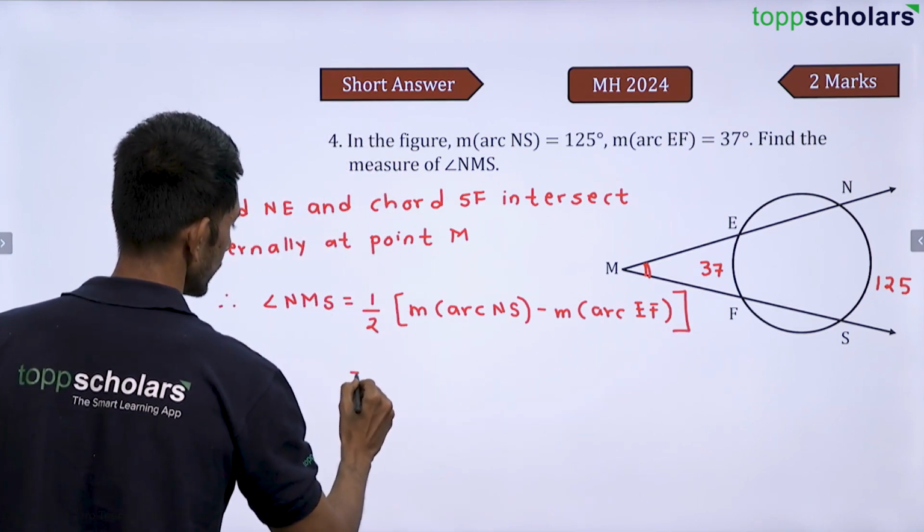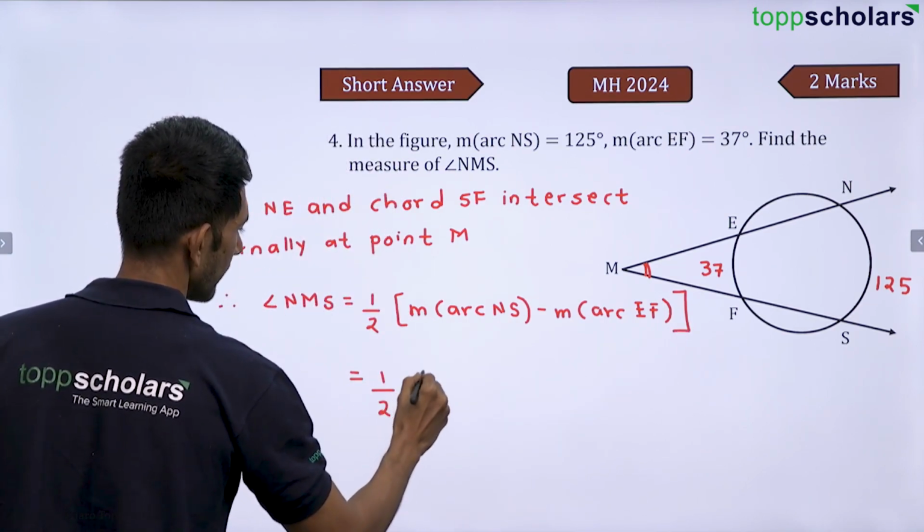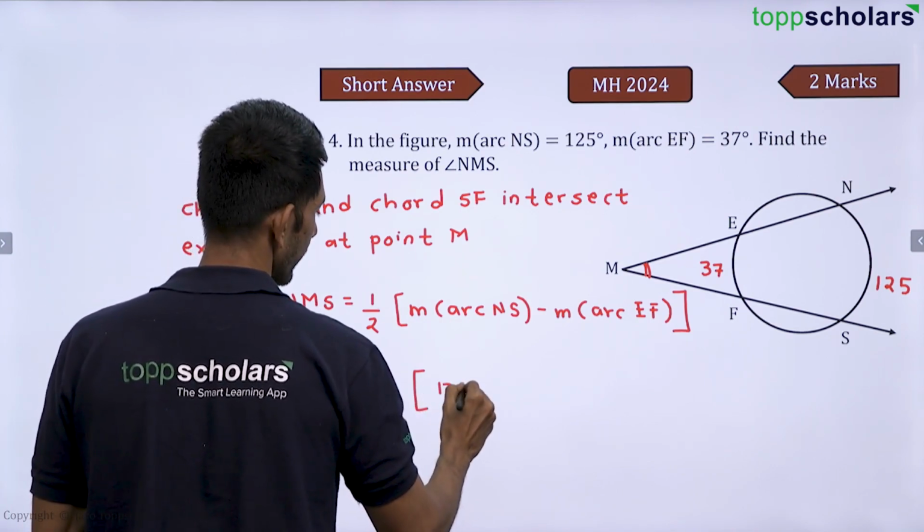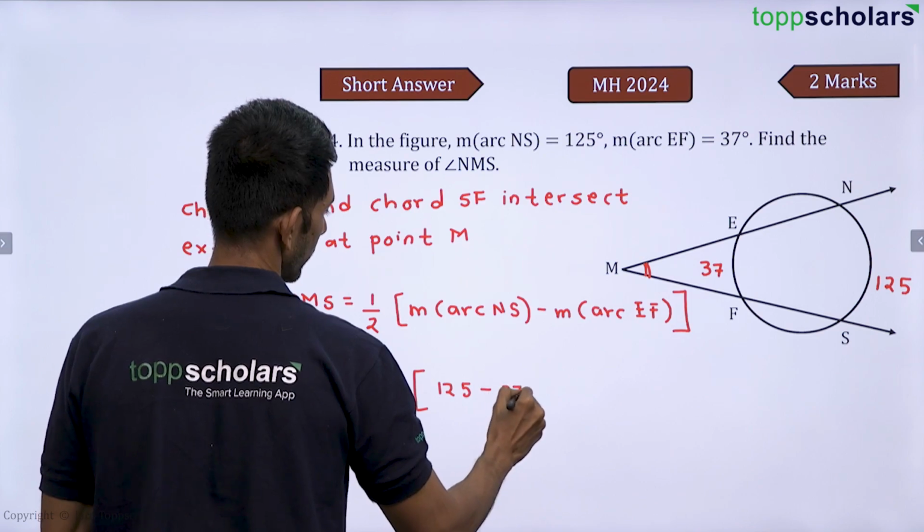So this is equal to half of the measure of arc NS, which is 125 degrees, minus 37.